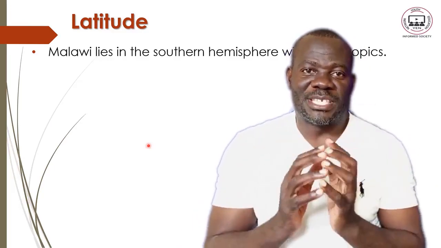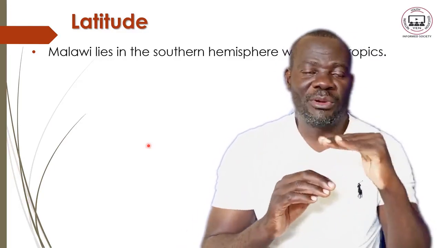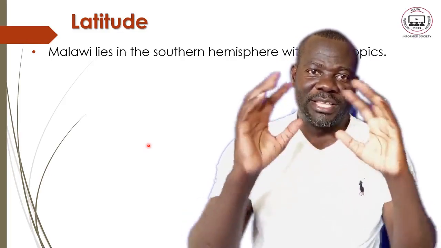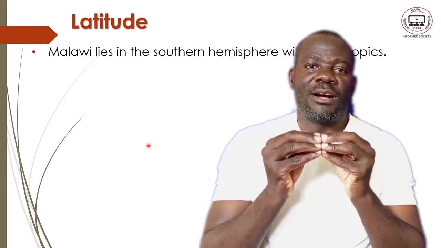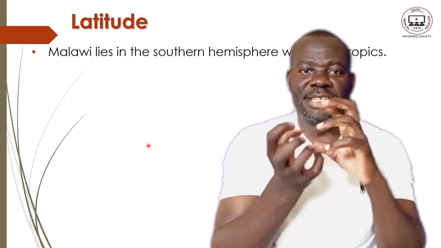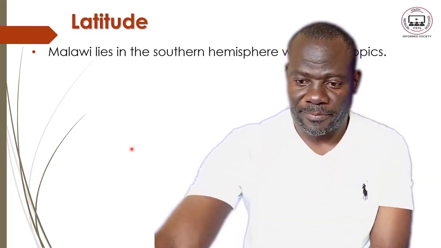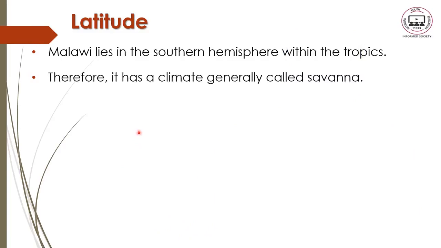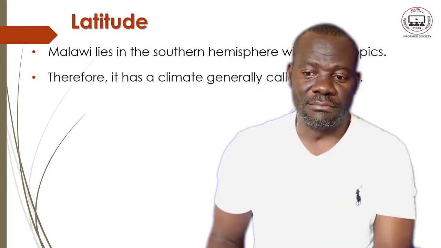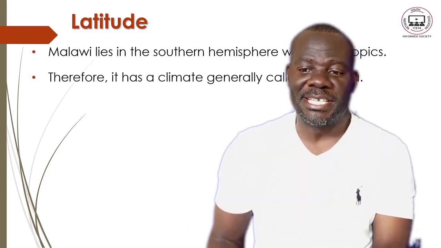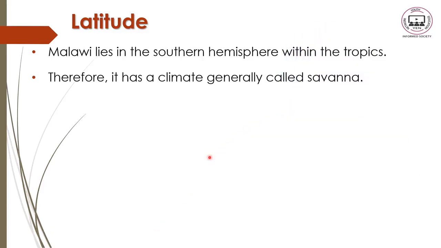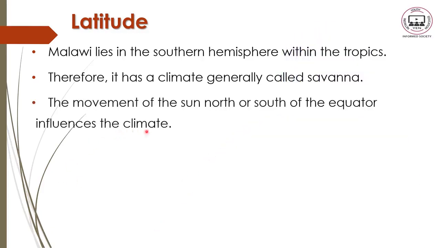It is within the tropics: the Tropic of Cancer, the equator, and the Tropic of Capricorn. Therefore, it has a climate generally called savanna.